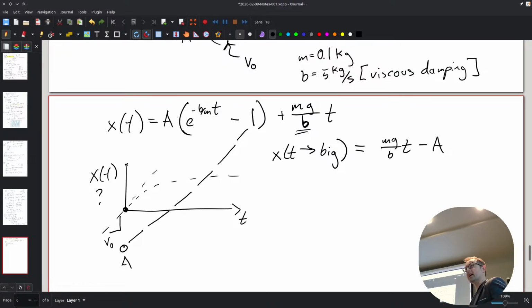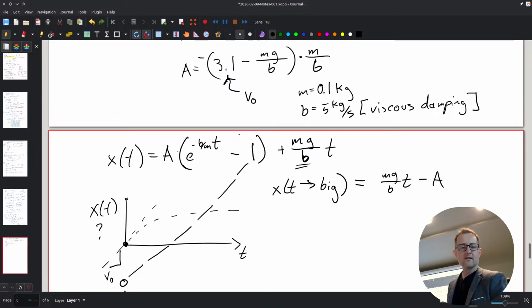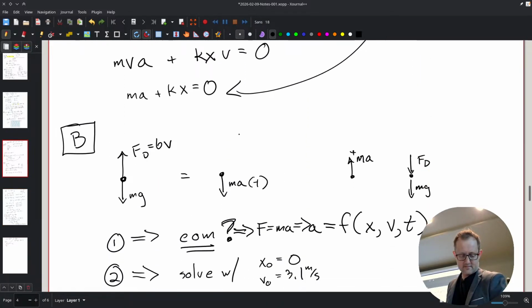I was just trying to get you to think about, is this what we wanted? Did we get a function that actually solves for damped motion? Dropping it in, it hits the fluid, and then at some point it's got a constant velocity.